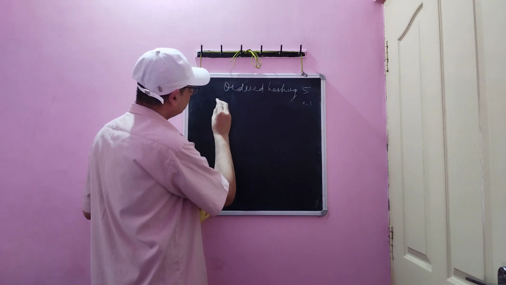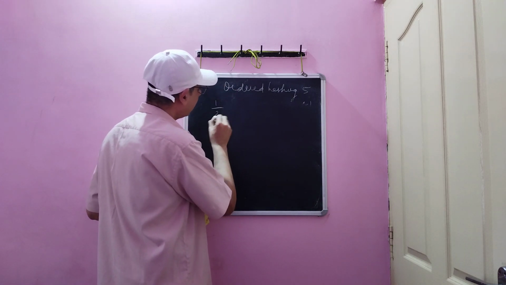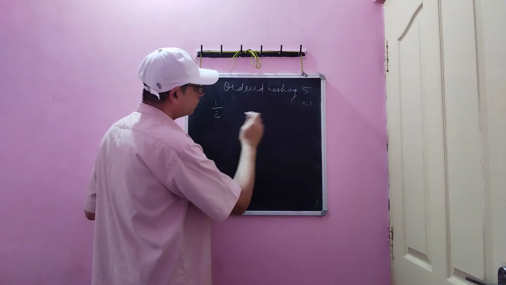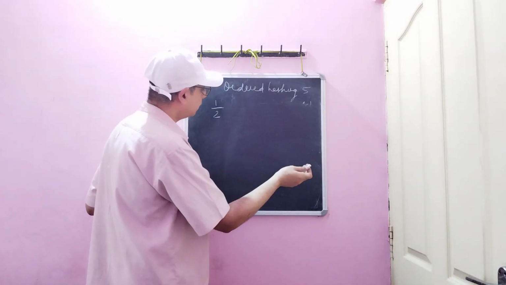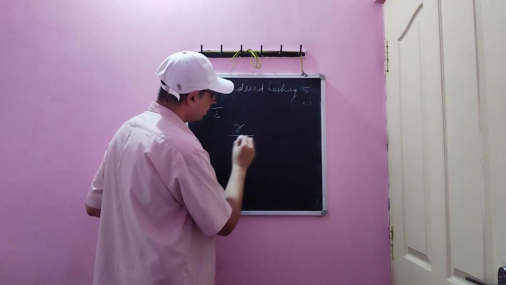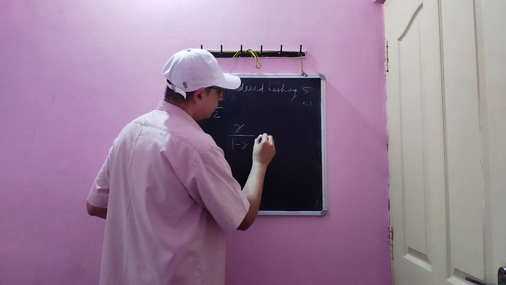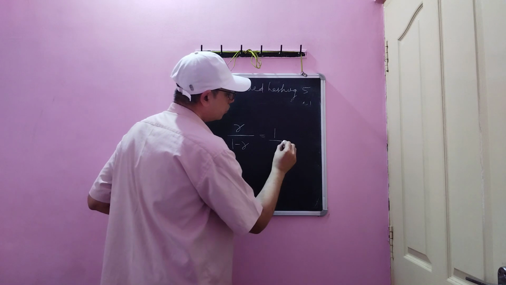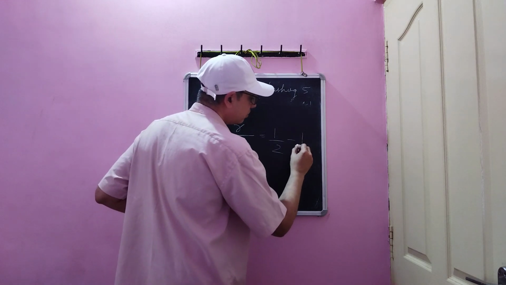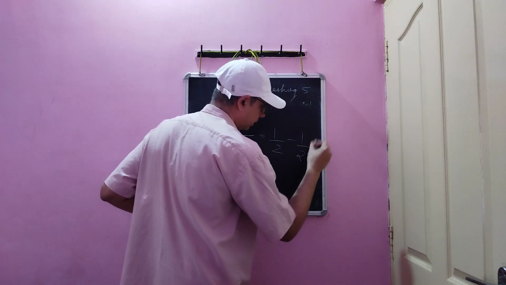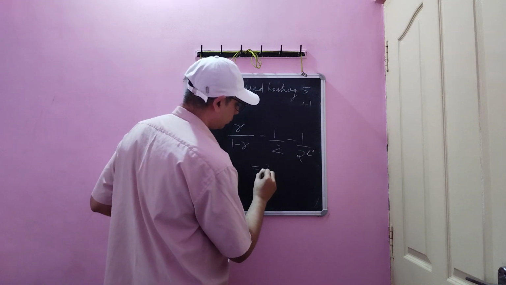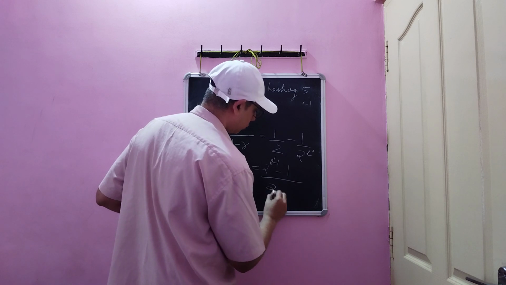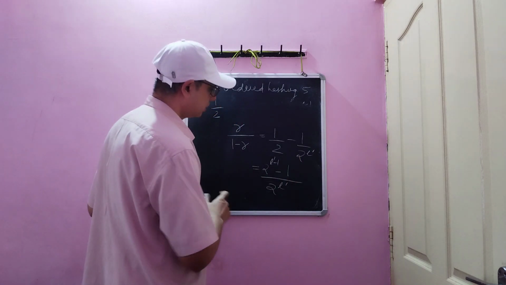First, we start off with the ratio half. Then we know that the sum of the geometric progression r by 1 minus r is to be equal to 1 by 2 minus 1 by 2 power L dash. This will be equal to 2 power L dash minus 1 by 2 power L dash.